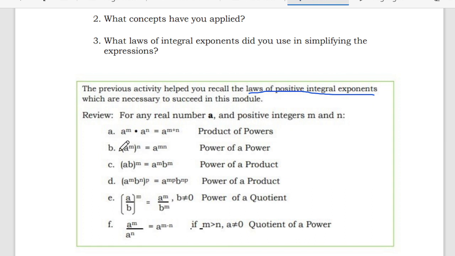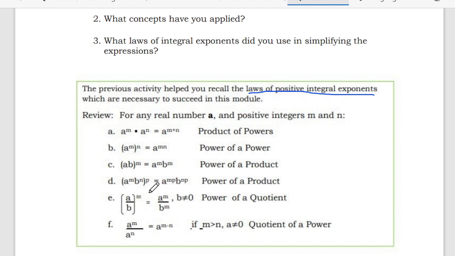If you have the quantity a raised to m, raised to the power of n, this is the same as a raised to m times n. That is the power of a power. If you have the quantity a times b raised to the power of m, it is the same as a raised to m times b raised to m. This is the power of a product.